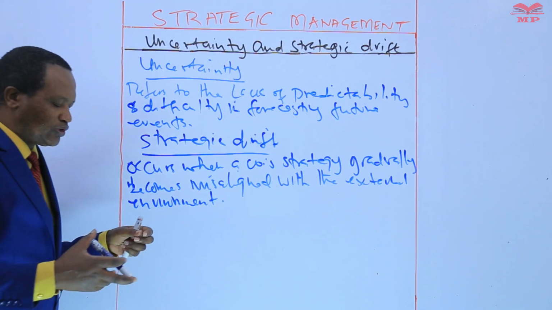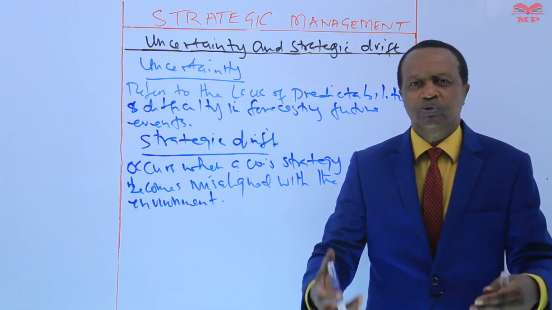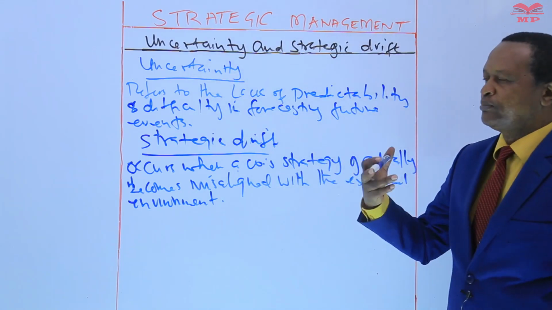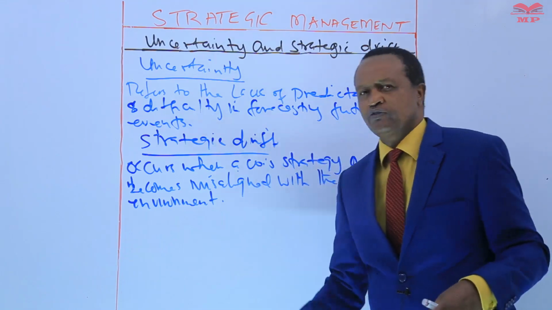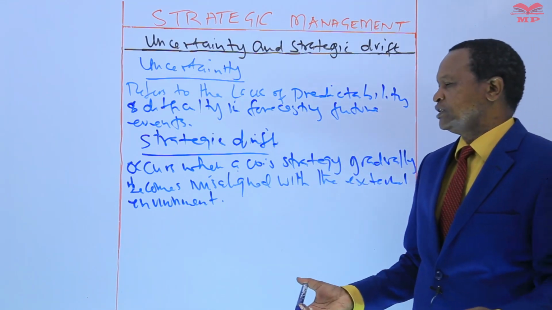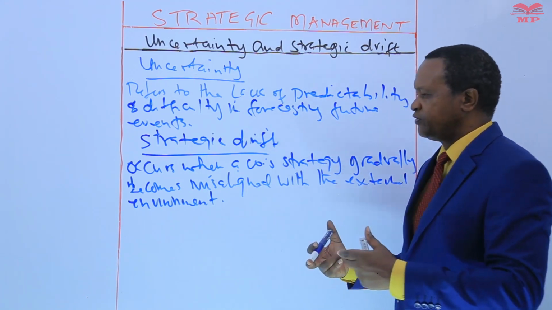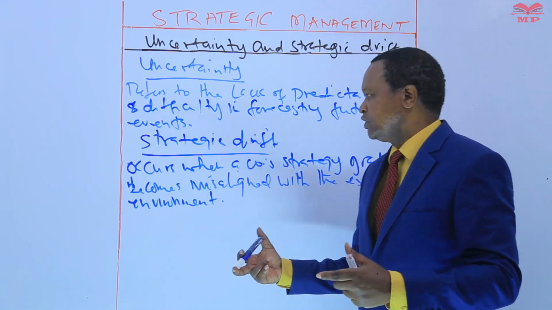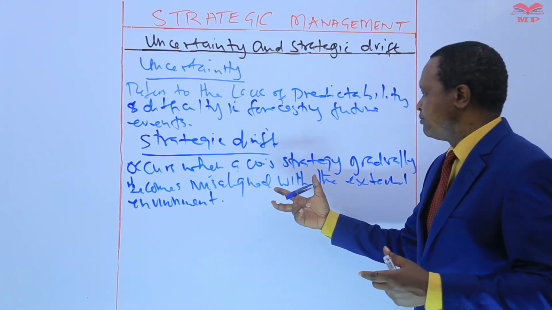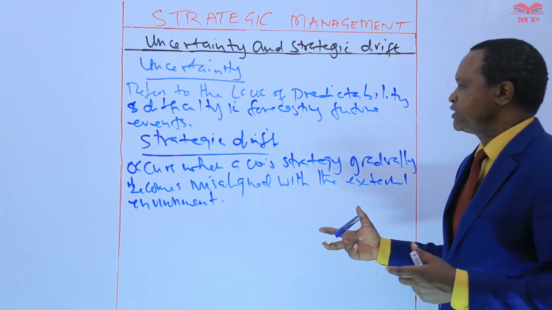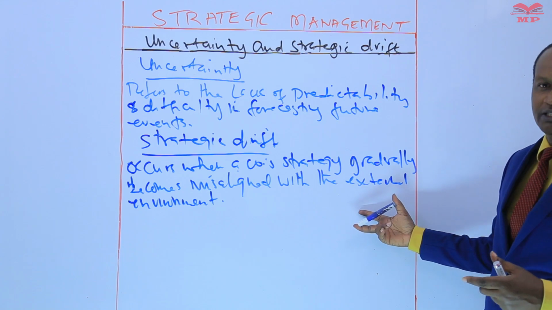Because we know an organization operates in an environment that is continuously changing, the political environment is changing, the economic environment is changing, the technological environment is changing, the social environment is changing. So when the organization fails to align itself with these external changes, then we say that that is strategic drift. It occurs when a company's strategy gradually becomes misaligned with the external environment.